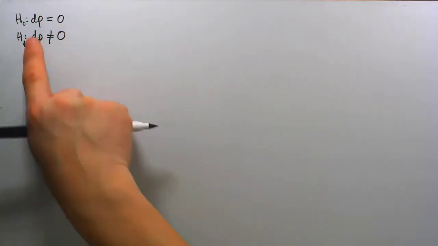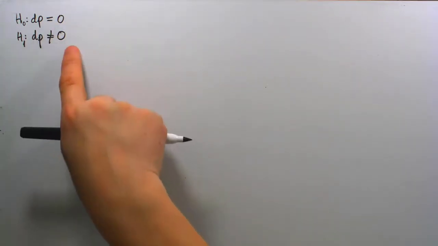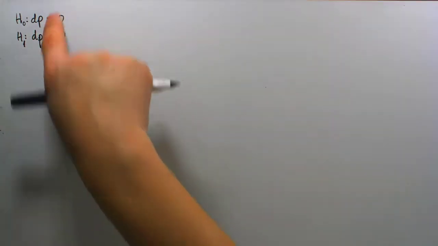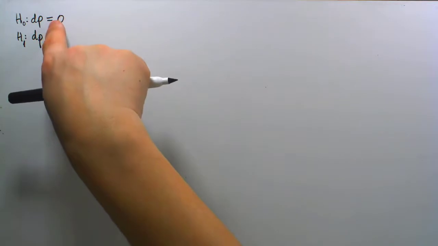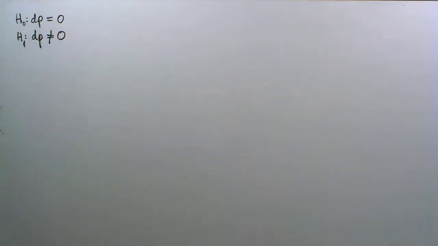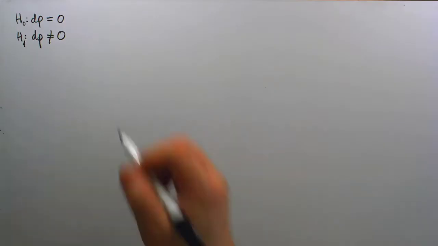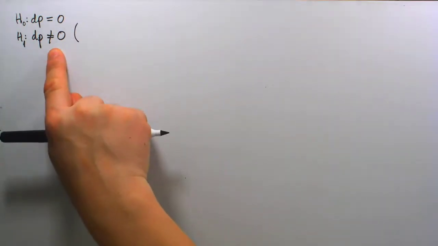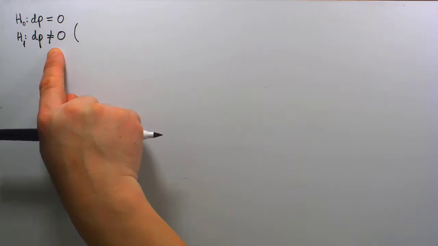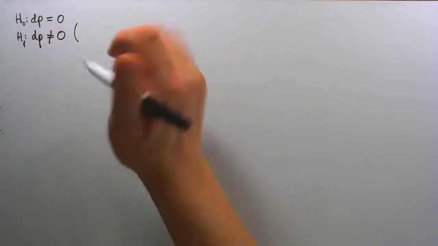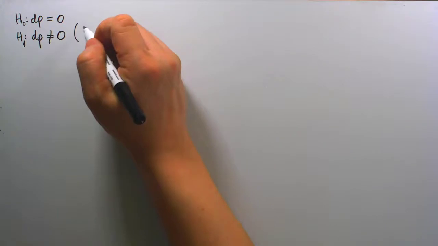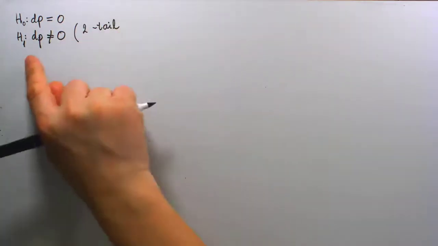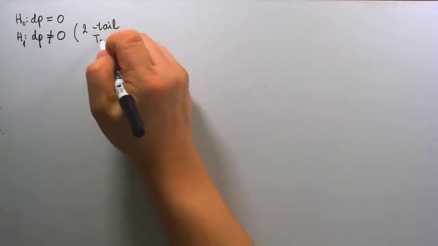So the null hypothesis is almost identical to the alternative hypothesis, except the inequality is always changed to the equal sign in our null hypothesis. And further, because of the inequality sign in our alternative hypothesis, we must run this as a two-tail test.